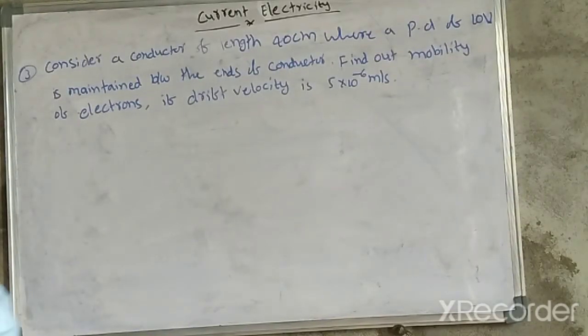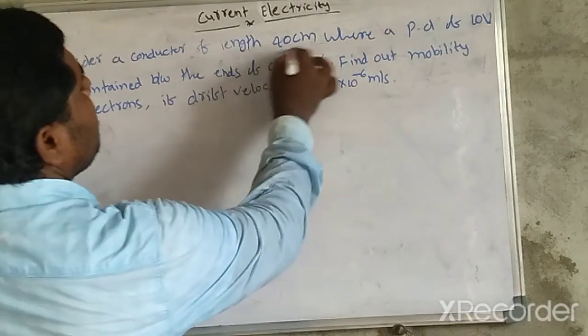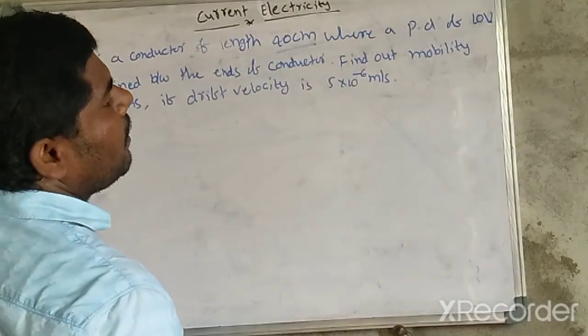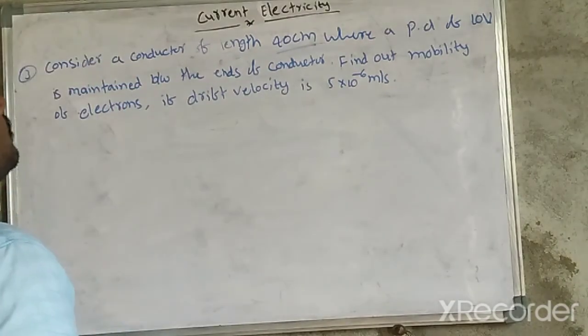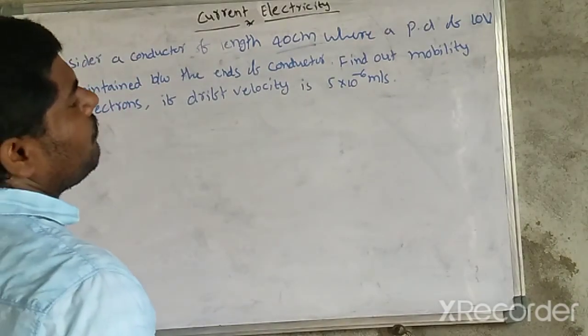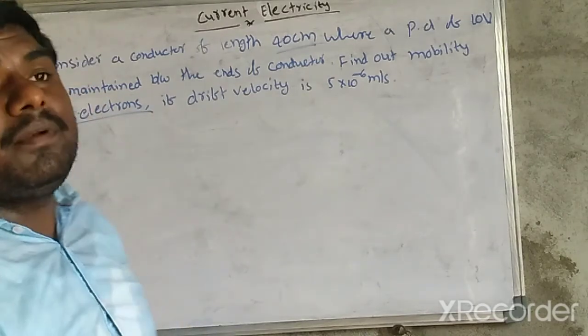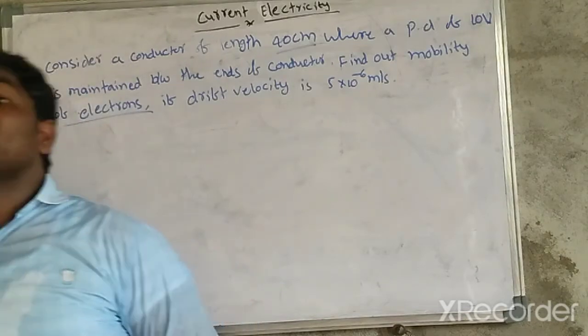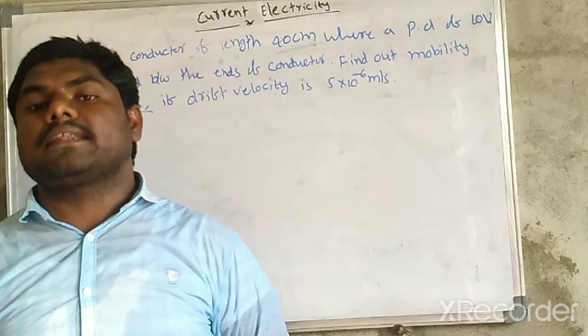Another important model, consider a conductor of length 40 centimeter where a potential of 10 volt is maintained between the ends of the conductor. Find out the mobility of the electron, nothing but mu. Mu, already we know drift velocity is equal to mu into electric field.